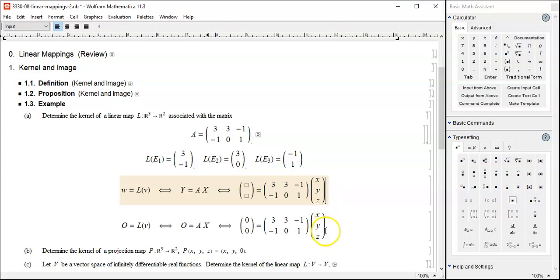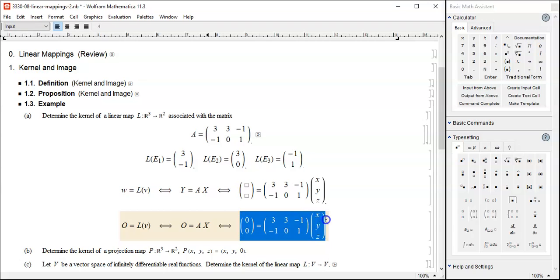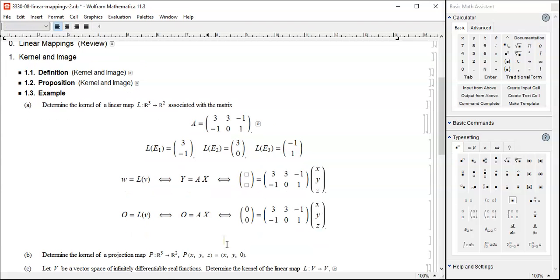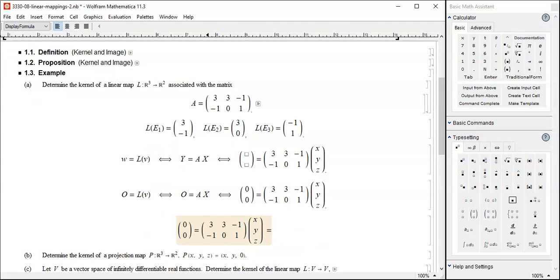In the end, I'm looking for the kernel, so y is equal to 0. That's the equation you're looking for. So okay, let's go ahead and do our computation.